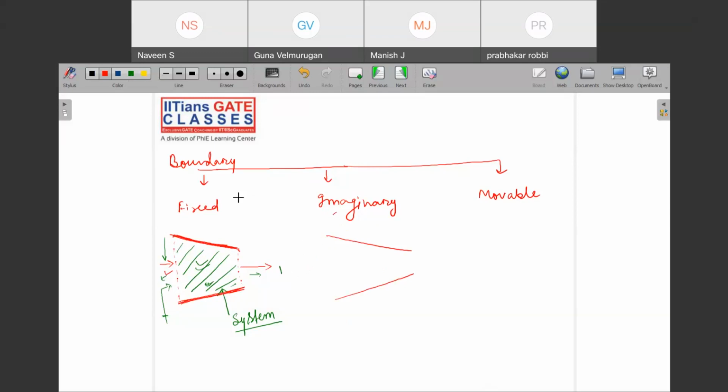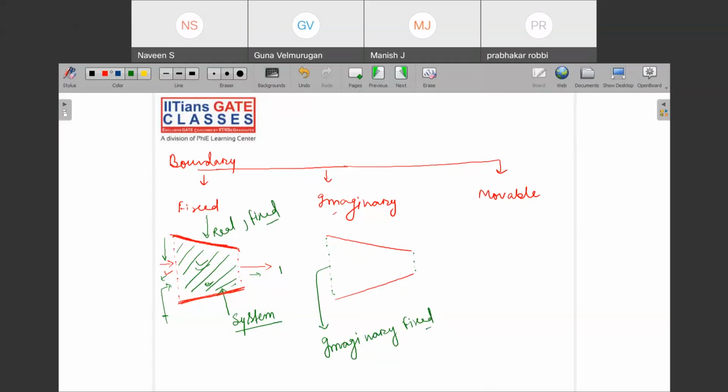Those are termed imaginary because these boundaries were not initially there, but you have created them just for the analysis. So this is called an imaginary boundary. Okay? And these are the real ones and fixed also. And this is imaginary, but this is also fixed.